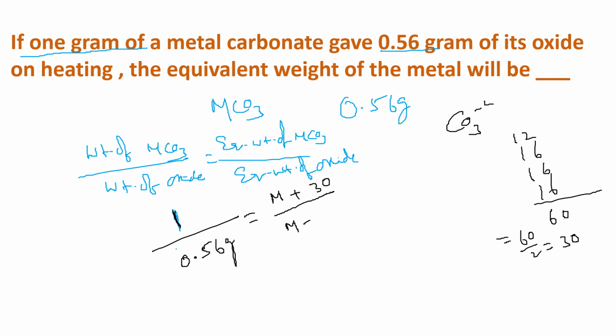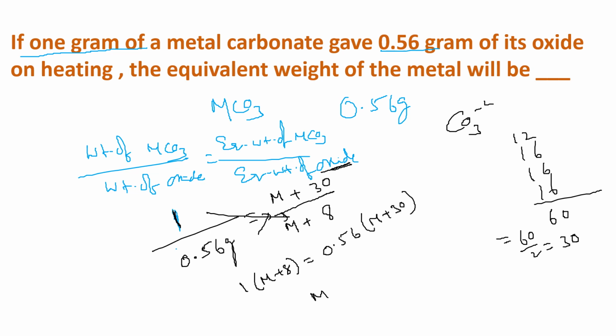Then again, for the metallic oxide you don't know, it is M plus the equivalent weight of oxide. What is the equivalent weight of oxide? I already told you, oxygen is 8. Then how to calculate M? Using the crisscross method, 1 into (M plus 8) is equal to 0.56 into (M plus 30).